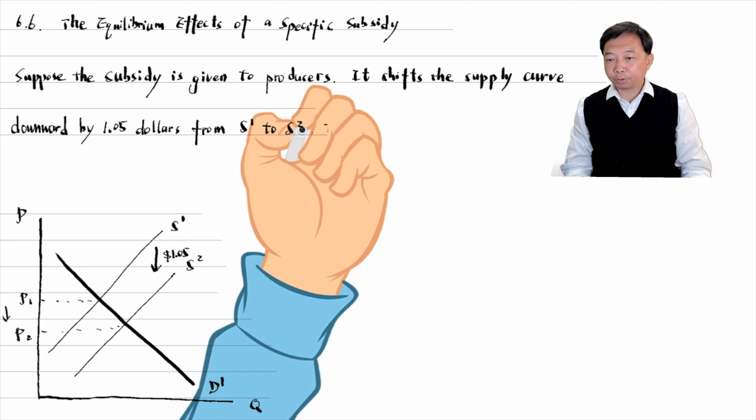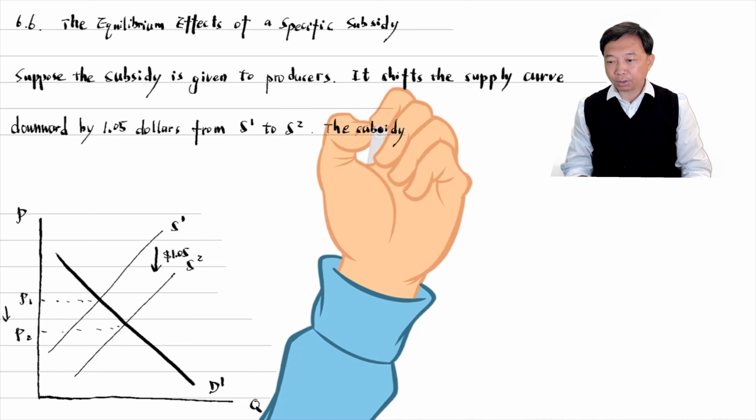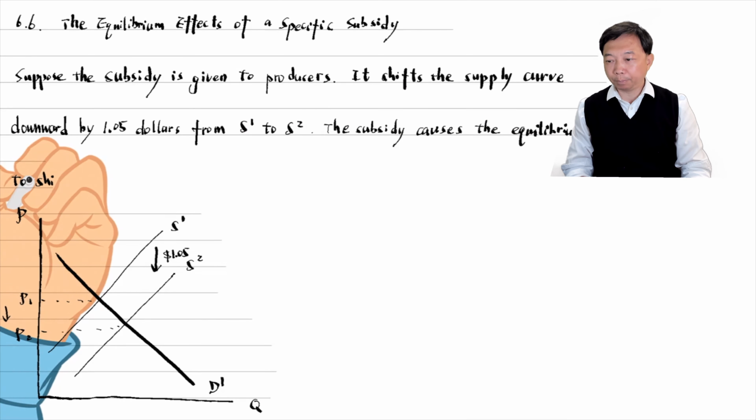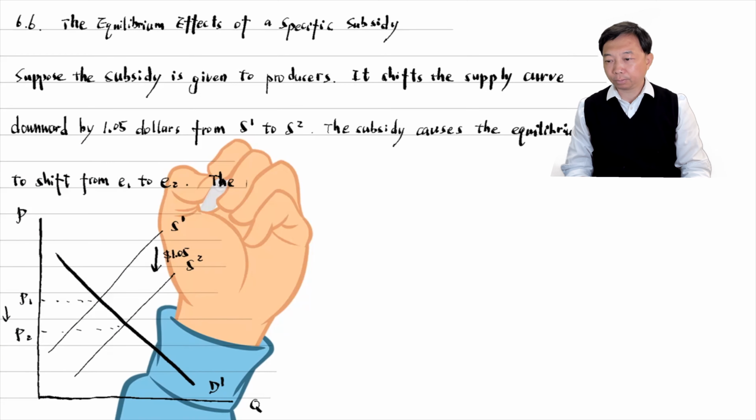The supply curve shifts downwards because, for each given quantity of supply, the marginal cost of production reduces by $1.05. So, for each given price, the producers are willing to supply more of the good. The subsidy causes the equilibrium to shift from E1 to E2.